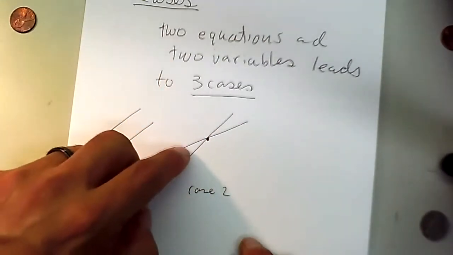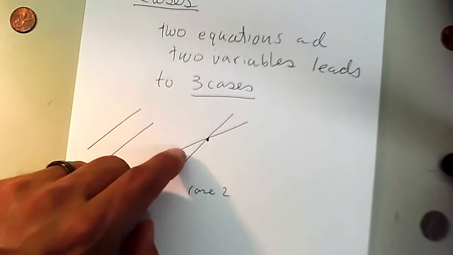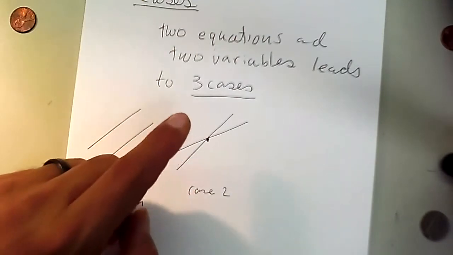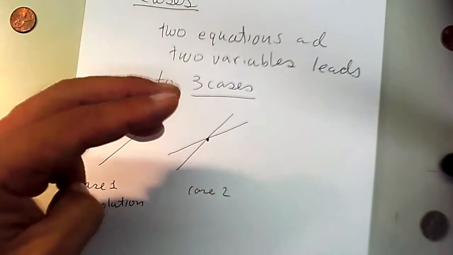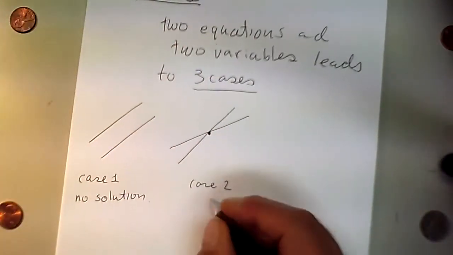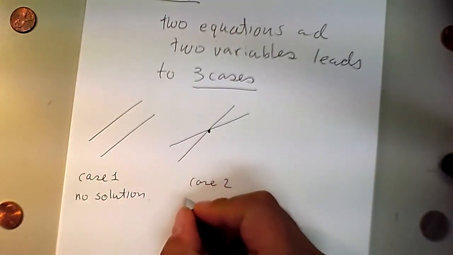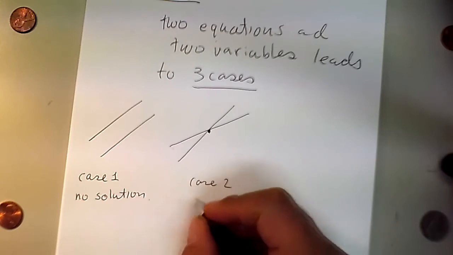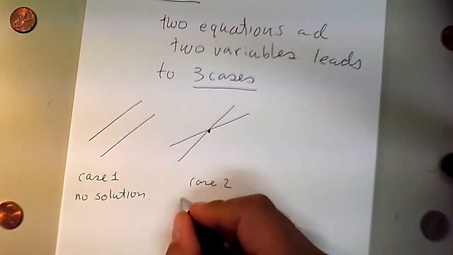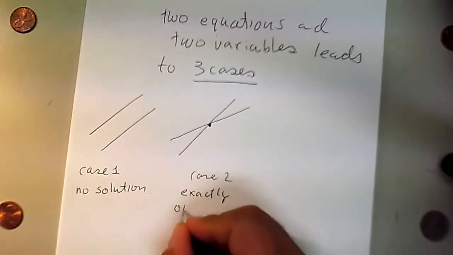If they cross in this fashion and they're not parallel, then they are going to cross exactly at one point, not 2 points, not 3 points, just 1 point, and that's it. So in this case, we call the system consistent with a unique solution. So there is exactly one solution.